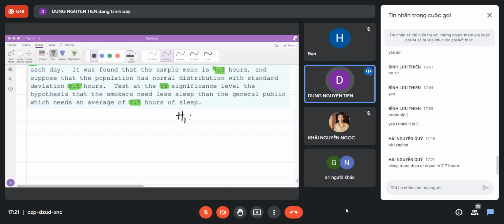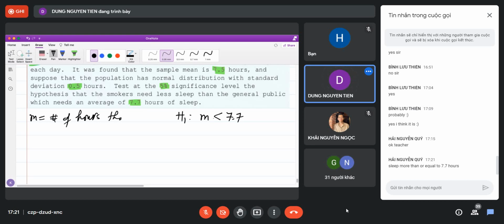More than or equal to 7.7? Well, actually, that is H0. H1 is what you want to confirm, and what you want to confirm is the mean value less than 7.7.